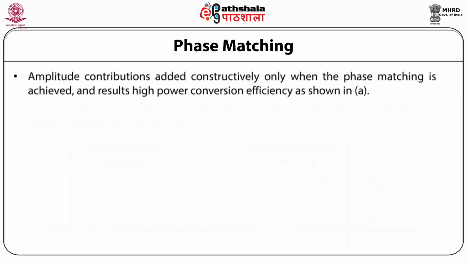Without chromatic dispersion, k2 equal to 2k1 would hold so that the phase mismatch vanishes.